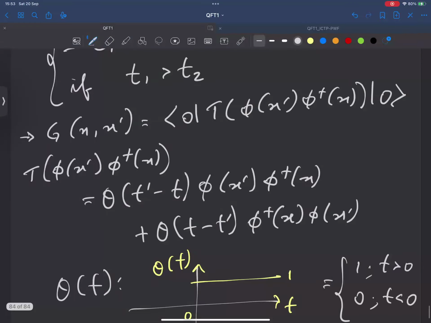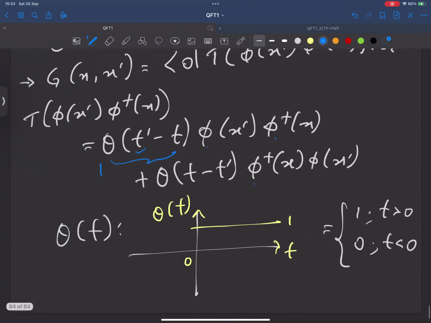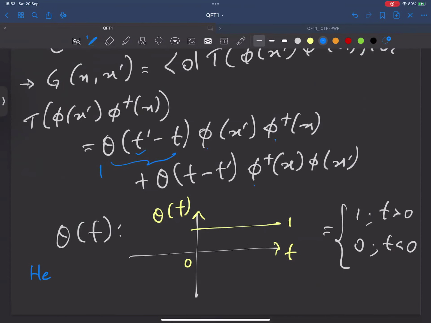So if the time argument of phi, that is t prime, is greater than t, then this is just 1. That's why you have phi coming left. It's the later field, and phi dagger comes early. But if you reverse that, you get phi dagger and phi. This is what is called the Heaviside step function.